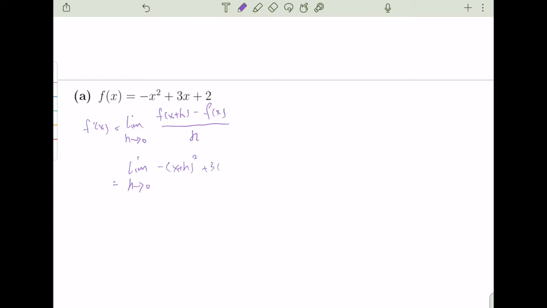Plus 3 is x plus h plus 2. This is my f of x plus h minus f of x, divided by h.